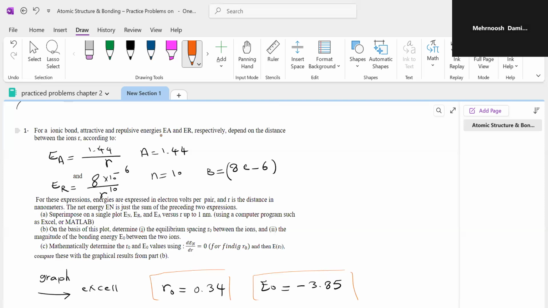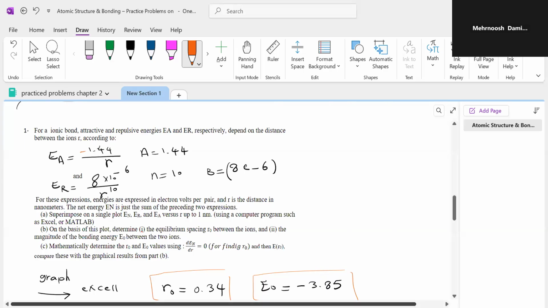Here A and R are abbreviations of attractive and repulsive, respectively, and they depend on the distance between the ions, that is R. According to this equation, for example, EA is minus 1.44 per R and ER is 8 times 10 to minus 6 per R to 10.